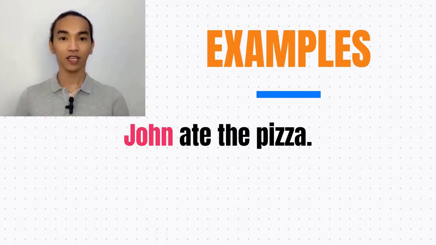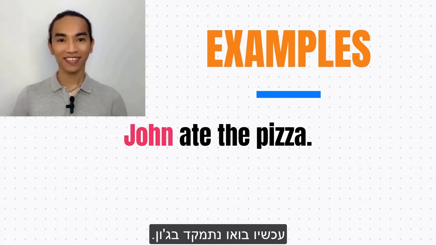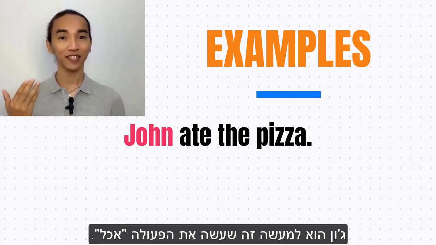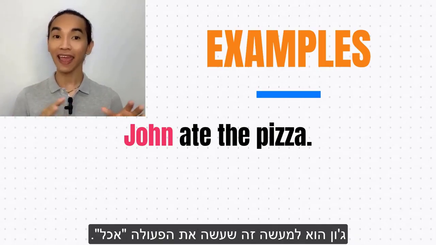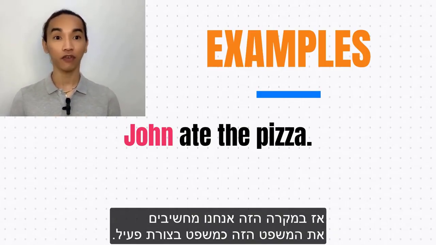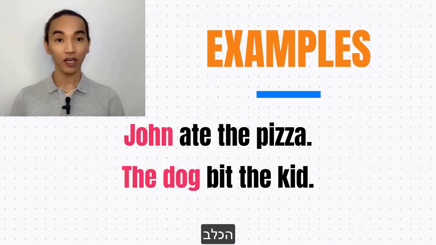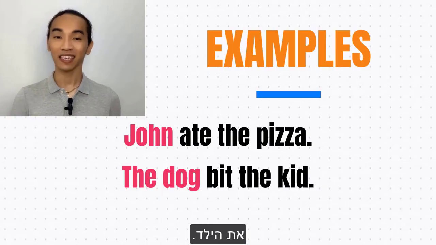So first, John ate the pizza. Now let's focus on John. So John is actually the one who did the action ate. So in this case, we consider this sentence as an active voice sentence. Another one, the dog bit the kid.